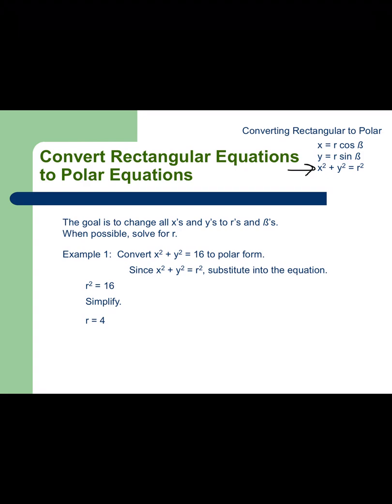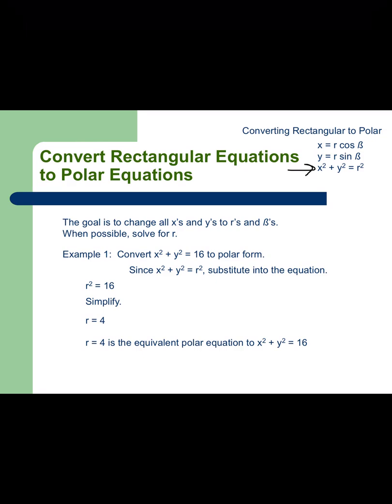What does that mean? What did we just do? We turned the rectangular equation x squared plus y squared equals 16 into the polar equation r equals 4. Started off with x's and y's, used that third equation to manipulate it, and in the end just got an r. Okay, so I kind of always want you to ask yourself that question. Did I start off with x's and y's?